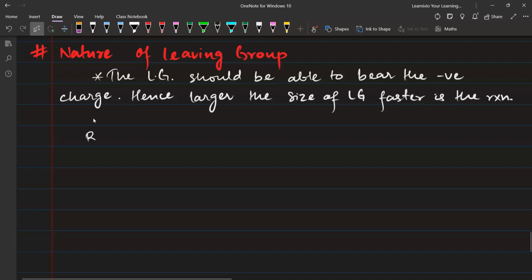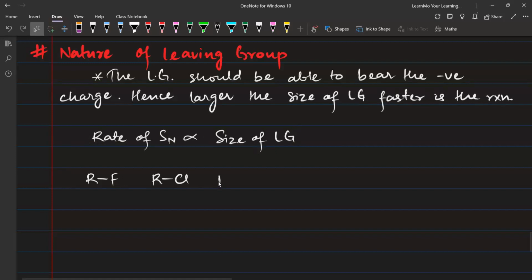So rate is directly proportional to size of leaving group. Therefore, if I compare the rate between alkyl chloride, alkyl bromide, and alkyl iodide, then alkyl iodide will be fastest, followed by bromide, and then followed by chloride.